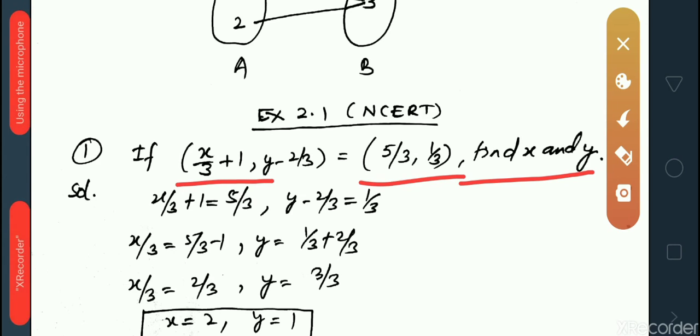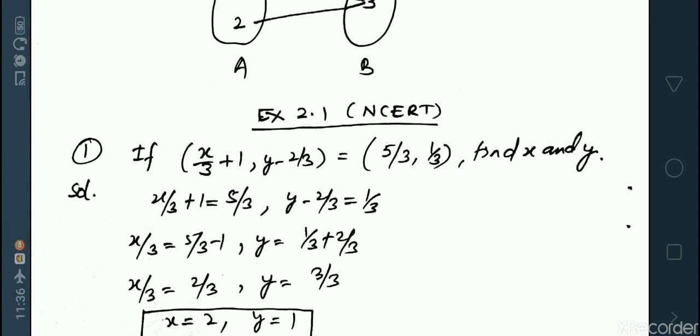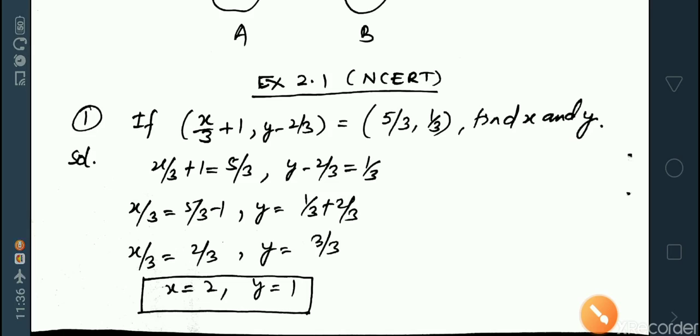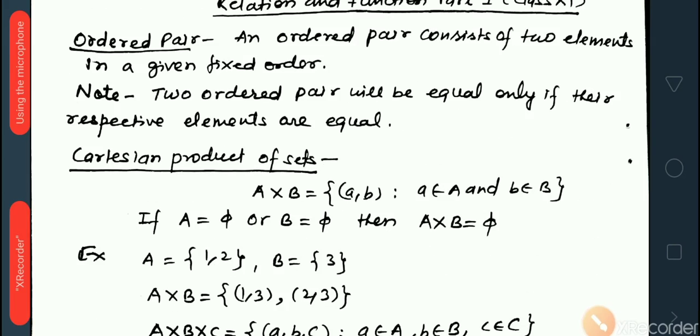So here we equate corresponding elements. x/3 + 1 is equal to 5/3, y - 2/3 is equal to 1/3. Now after solving these two, we get x is equal to 2, y is equal to 1. So this is first question.